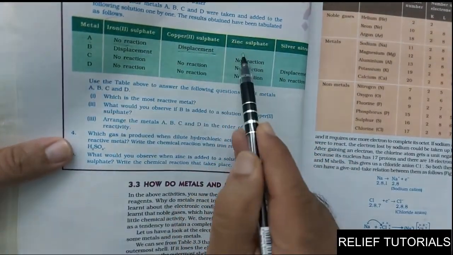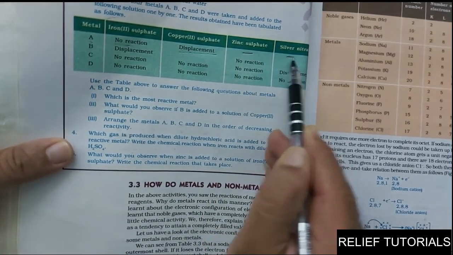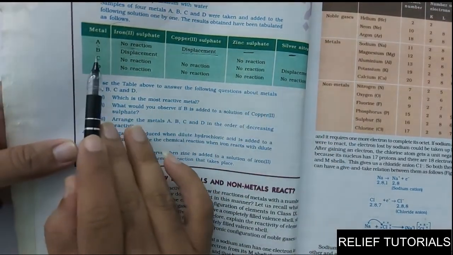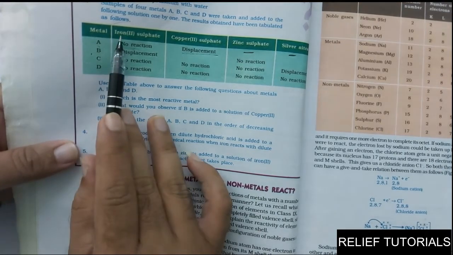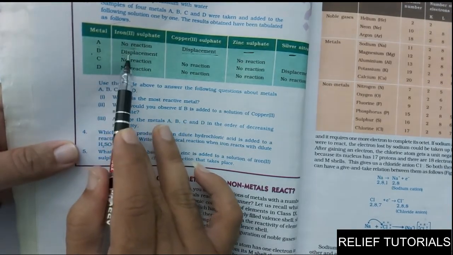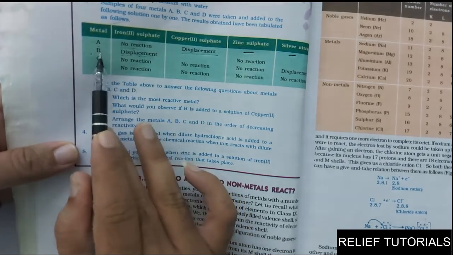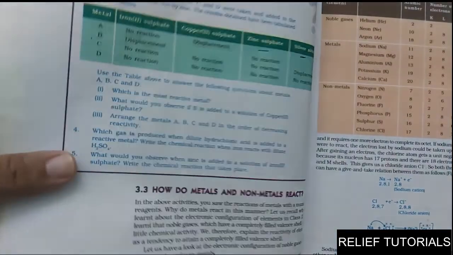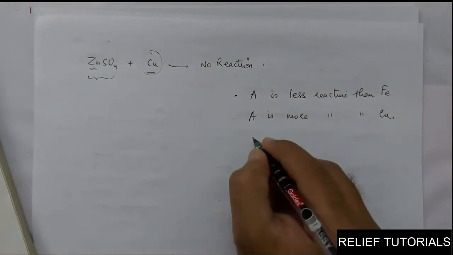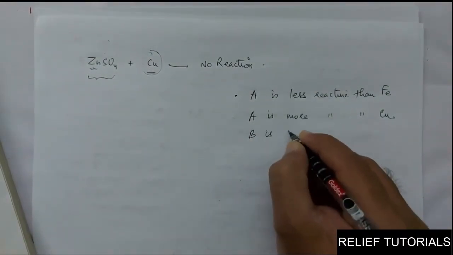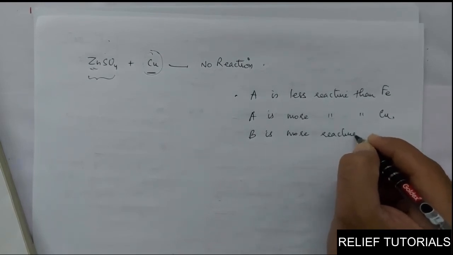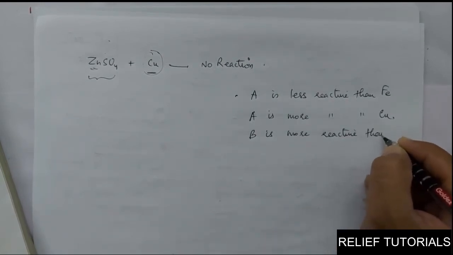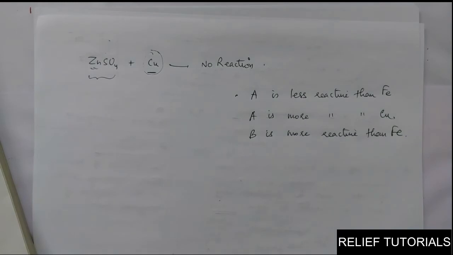A is not added to zinc sulfate and not added to silver nitrate. Then B. When B is added to iron sulfate, it is given that a displacement occurs. It means B is more reactive than iron. B is more reactive than iron.